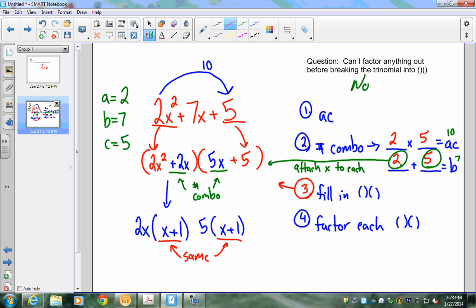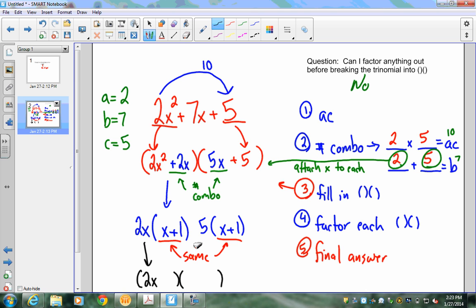Now step 5 is our final answer. Watch how I write this because it's hard to explain. I just got to show it to you. For our final answer, I'll write everything in black here. My answer is going to be in two parentheses. I'm going to take what I factored out and put it in one parenthesis.